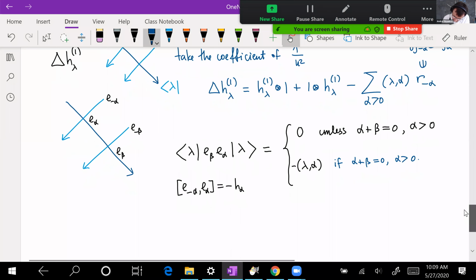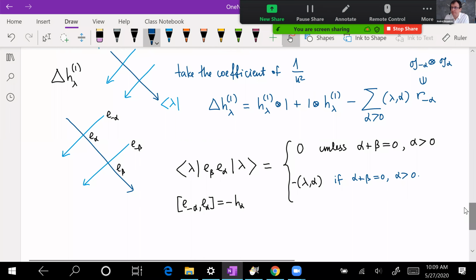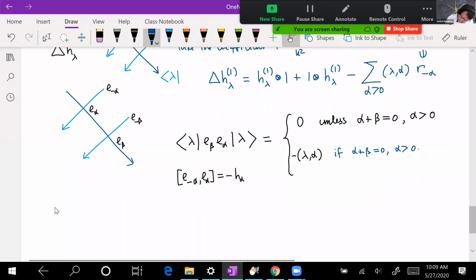Right? So maybe a remark. There are somehow two remarks.